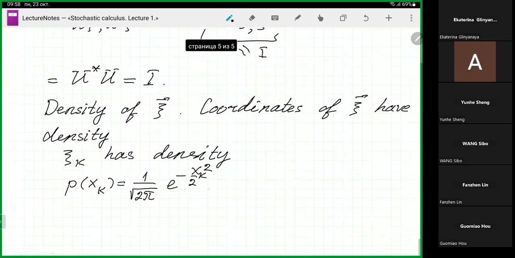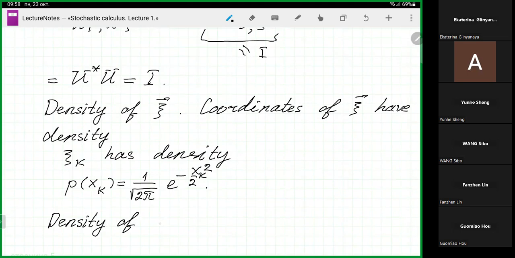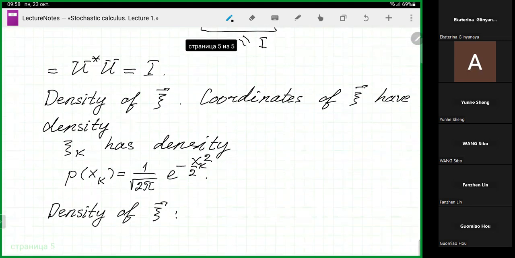Now let's use the standard statement from probability theory that in case a random vector has independent coordinates which have density, then the random vector also has density equal to the product of coordinate densities. So the density of psi is the following.